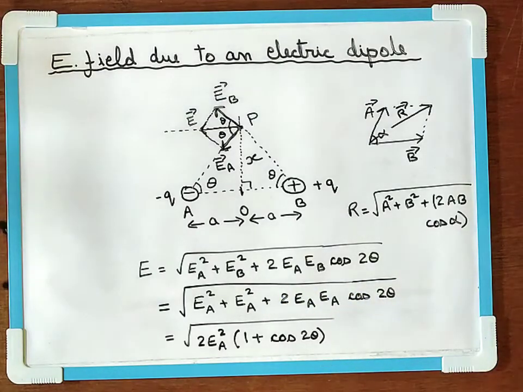So we have E is equal to root 2 EA square into 1 plus cos 2 theta.